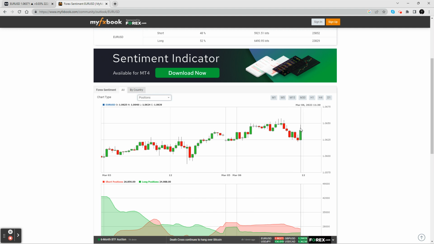Let's go back over here again. What do you notice? The short position is 26,856 versus 24,984. That means there are more shorts than longs. But if you look at the candle right here, it's a nice bullish engulfing candle that engulfs this red candle.